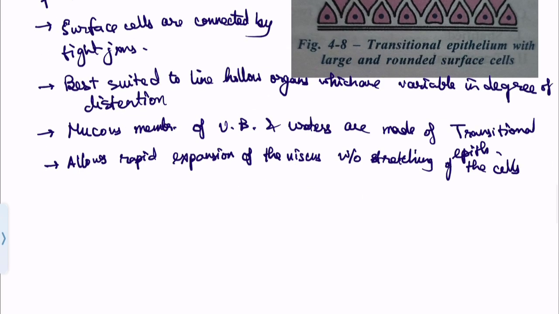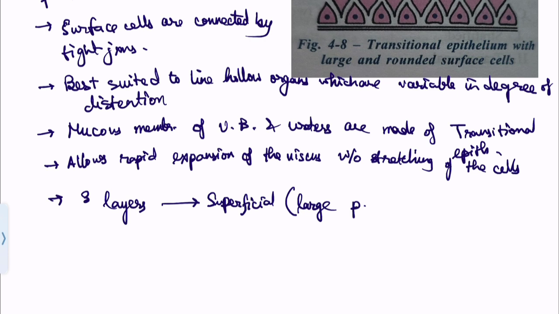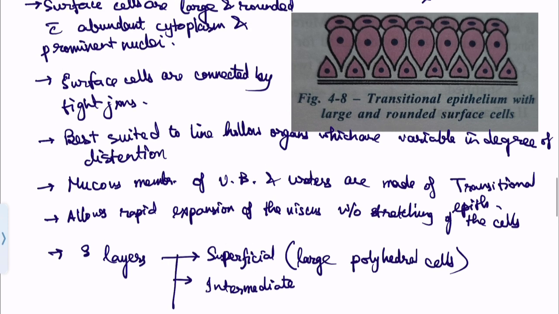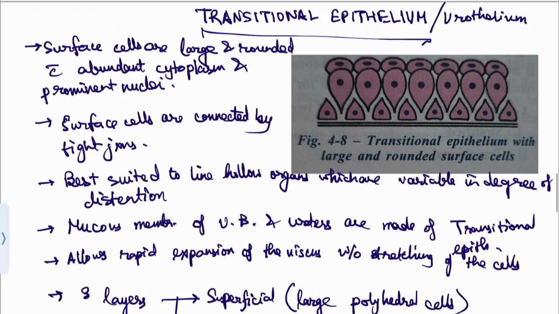Now moving on to some features. It possesses three layers: superficial, containing large polyhedral cells, then intermediate. As you can see, the upside down pear shaped cells are present.